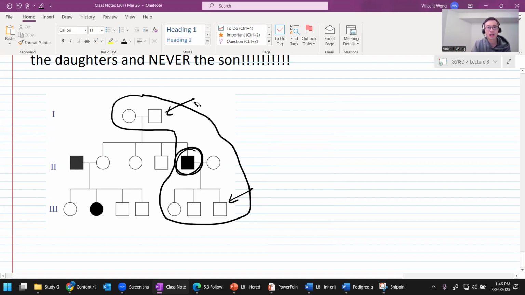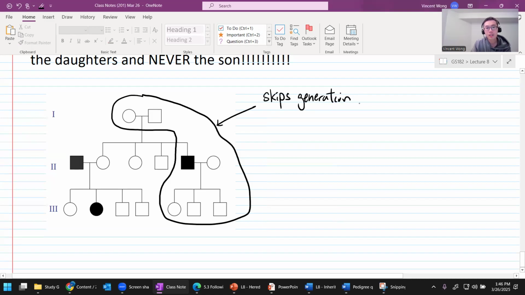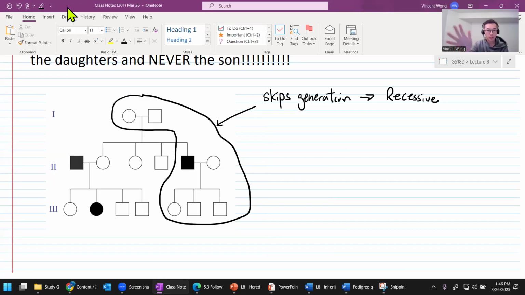This is called generation skipping. I'm gonna write it out for you. Skips generation. If you see something that skips generation, it's likely to be recessive. So that's hint number one. What's another clue here that it might be recessive? We talked about it on Monday. Let's see if anybody remembers.